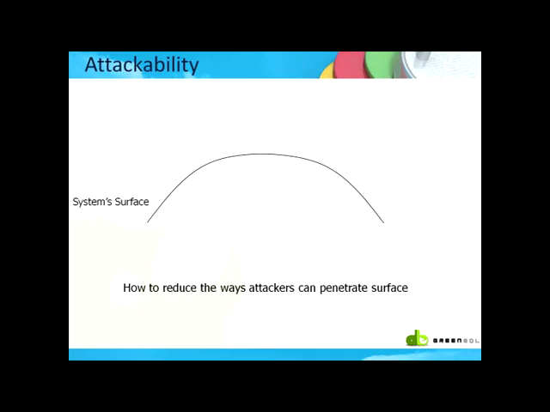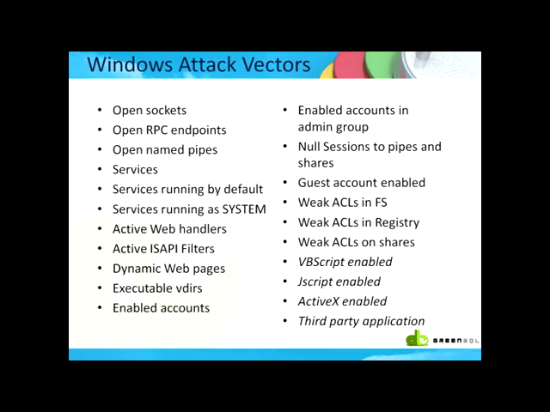To try and understand the attackability surface of a system, if we talk, for example, about Microsoft Windows Server running Microsoft SQL Server on the Windows operating system, we are talking about an attackability surface, which means that any type of those attack vectors that you can see in front of you can lead to a full data breach.